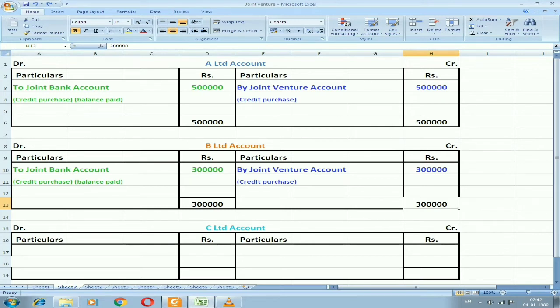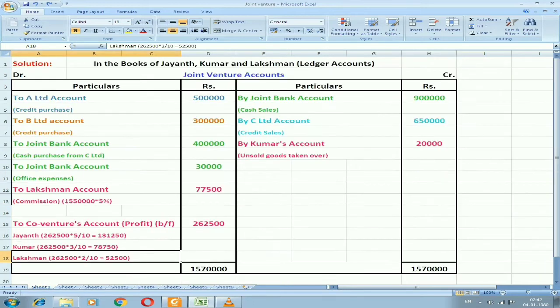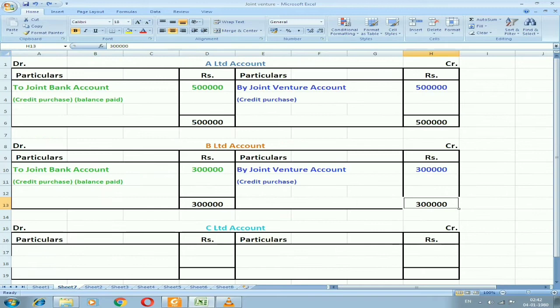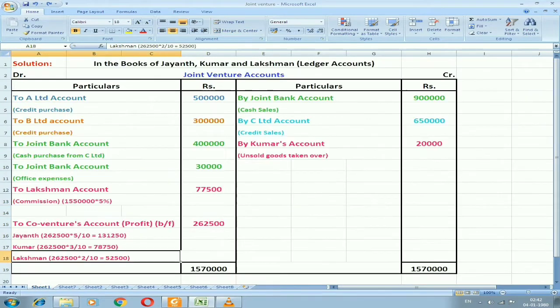So let us go with C Limited, who is the debtor supposed to give money to the joint venture, because the joint venture has made sales. Let us transfer the entry first. On the joint venture account, on the credit side, we have one entry: C Limited, credit sale 6,50,000. That is supposed to be transferred to the debit side of C Limited: by joint venture account, credit sale 6,50,000.